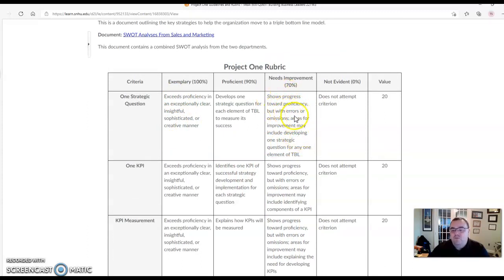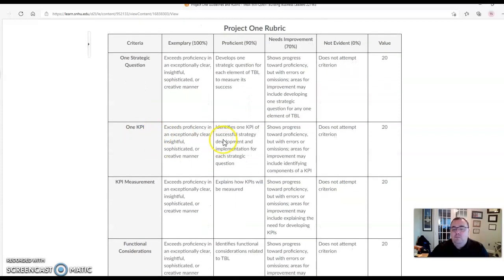Shows progress towards proficiency, and so on. And here it develops one strategic question for each element of the triple bottom line to measure success. And once you get there, if you put just a little bit more spin on it, a little bit more professionalism, it gets you right over the top into the 100% exemplary category.